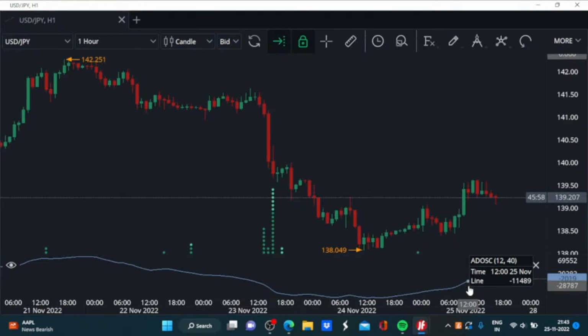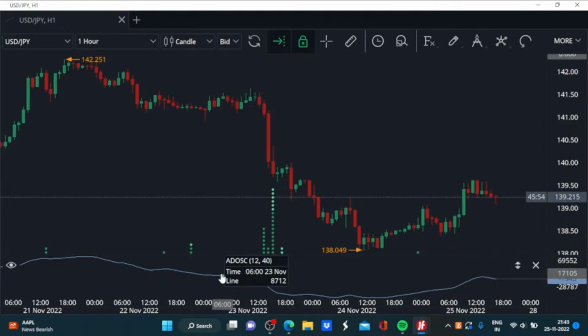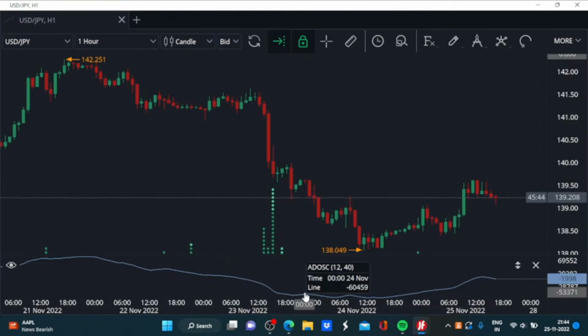Now, coming to the basic concept, the classical interpretation is that when we have this Chaikin AD oscillator output above zero, that is to be considered bullish, and when we have the Chaikin AD oscillator value in negative territory, that is inferred as bearish.